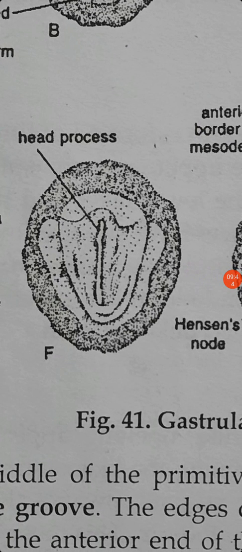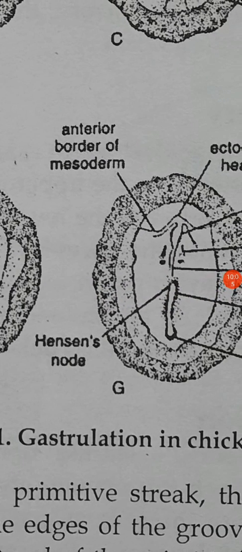See here, the area opaca, and the middle one is the area pellucida. Now this growth is called the embryonic shield. As the primitive streak elongates, the area pellucida also elongates. As a result, when the primitive streak is fully formed, the area pellucida becomes elliptical. See, it becomes elliptical.